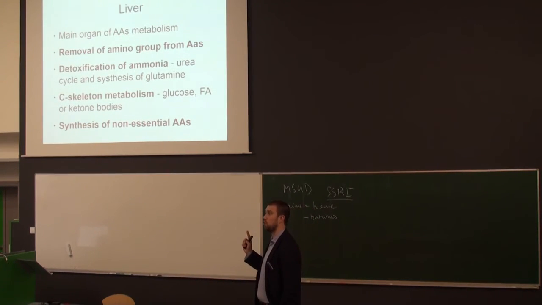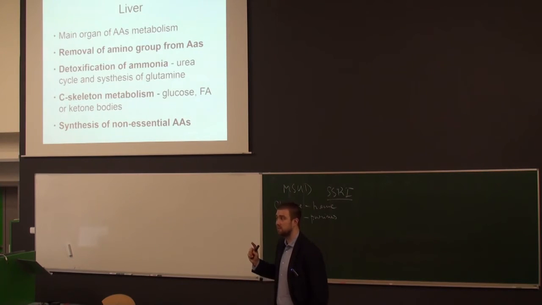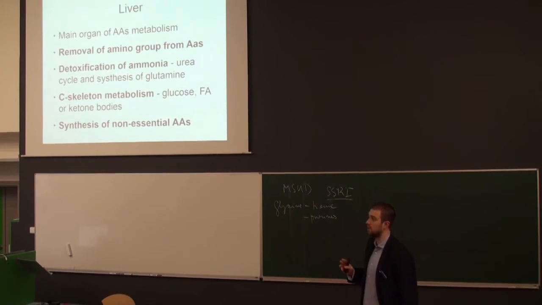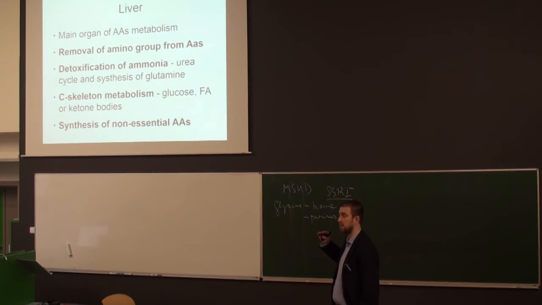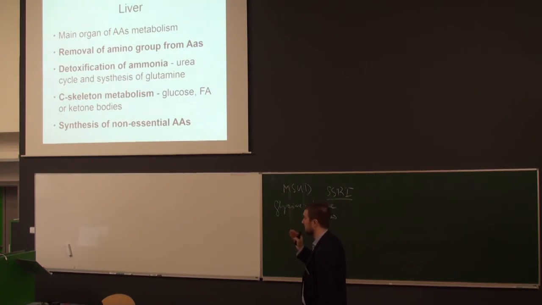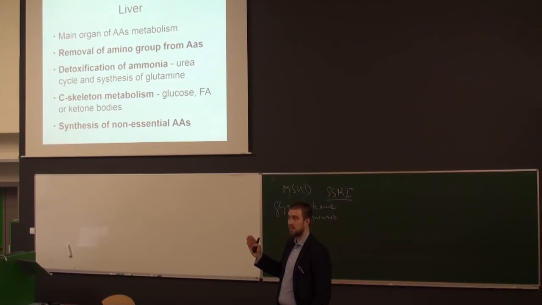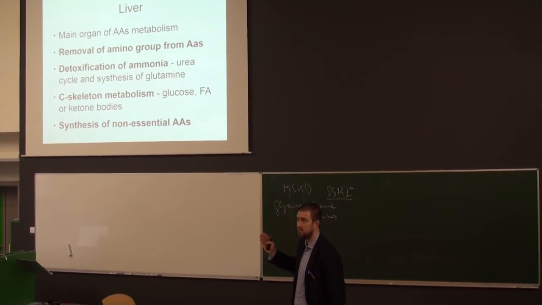Also in the liver, you have quite intensive metabolism of the carbon skeleton. That means that if you have, for example, an excess of amino acids in the diet, inside the liver you can convert these amino acids, their carbon skeleton, into fatty acids, into triacylglycerols.